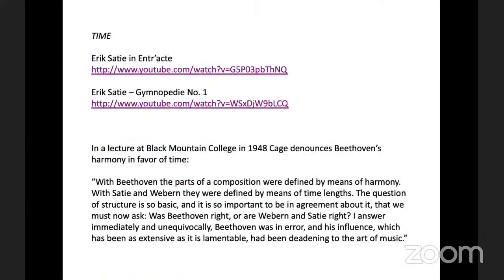Time was really important for him in many ways because he felt that a sound and the silence, the thing that they share is duration. They don't share anything else. He also experienced time when he was studying with, was it Pierre Boulez, I think, in California.